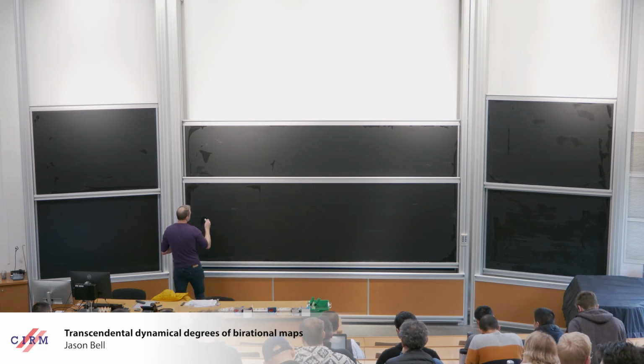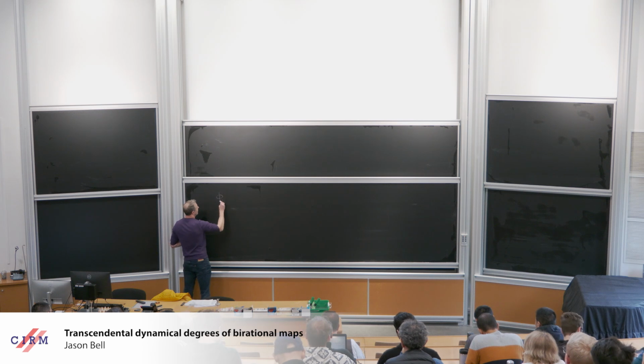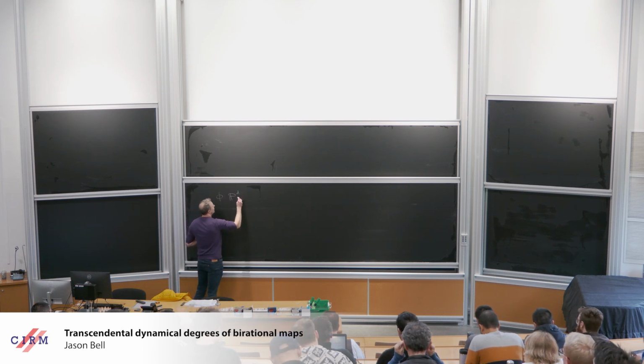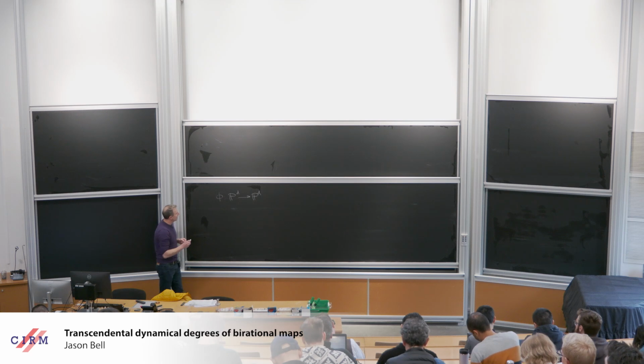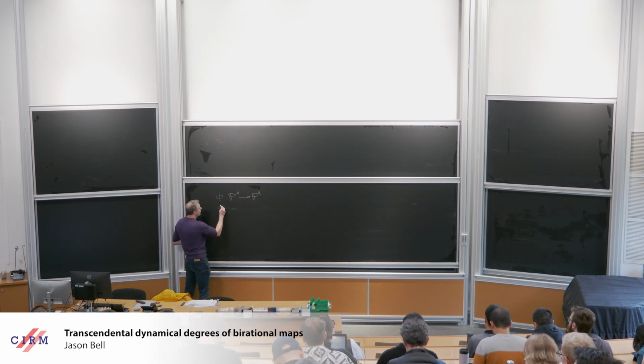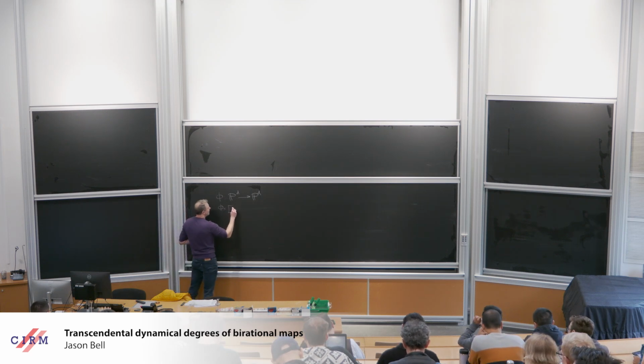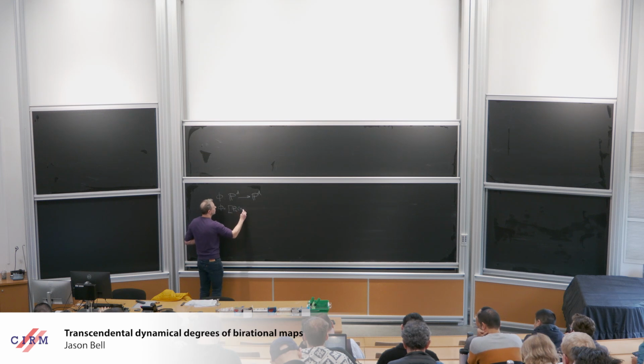So I'm going to just start with the idea of a map from projective space to projective space. And just in case you don't know, this is given by a d+1 tuple of polynomials.